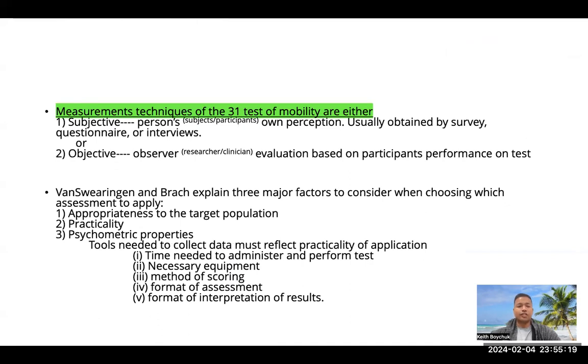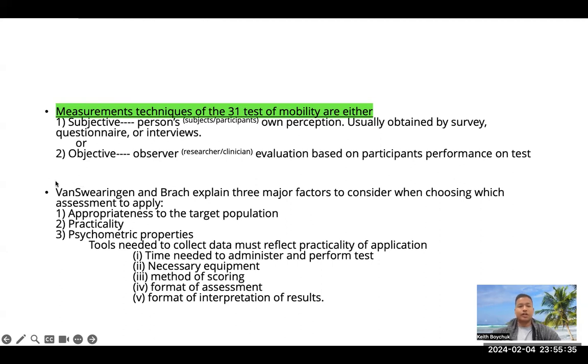And then the other one is objective measures, where it's just more performance-based tests. Essentially, one isn't better than the other. It really just depends on what you're testing and the availability of time that you have.